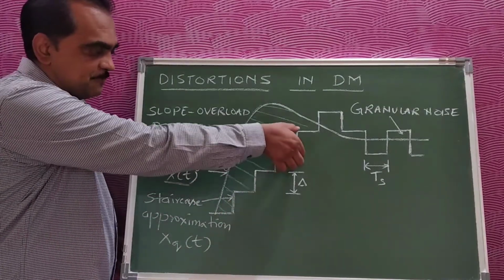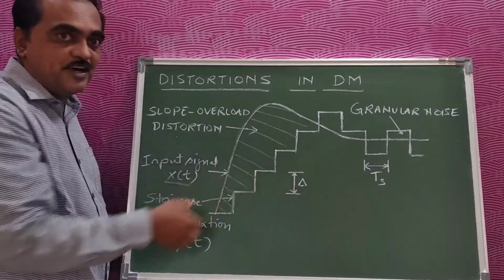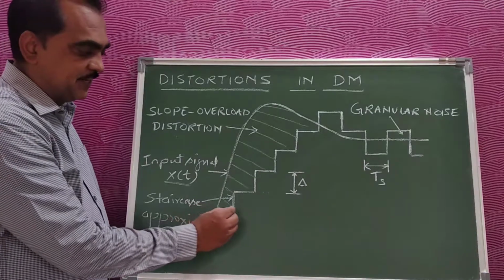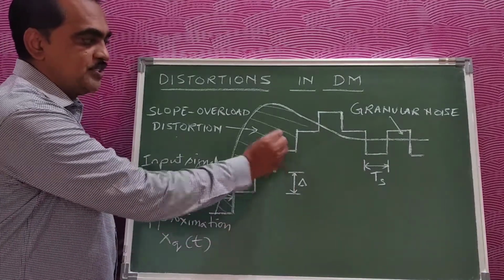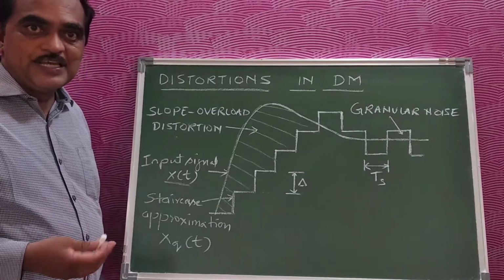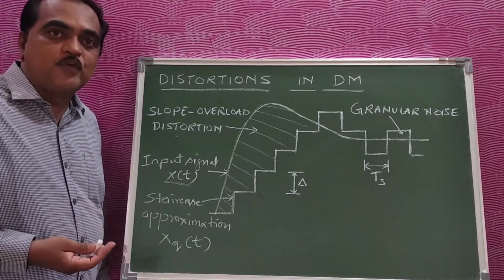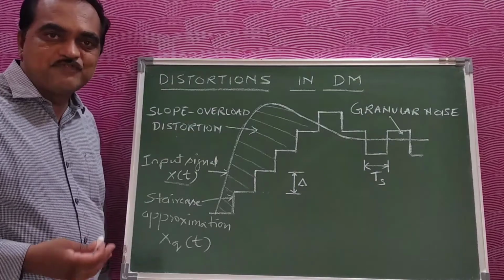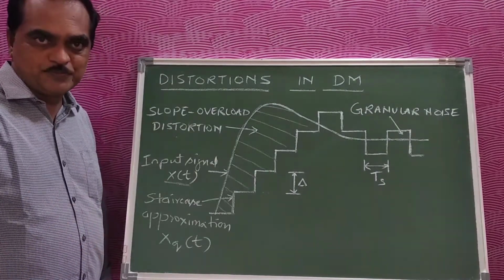This step size is fixed, which is called delta. This staircase approximation is hunting the analog wave so that it can superimpose it and convert that analog wave into binary data, as we have seen in delta modulation.